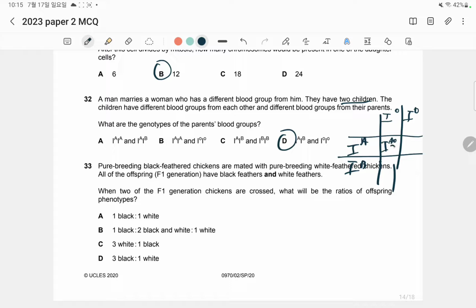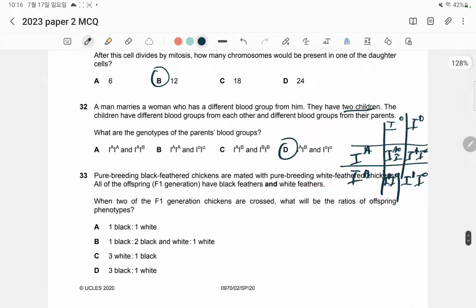IAIO, IAIO, IBIO, IBIO. So the children can be either blood group A or blood group B. Now for this case, the children will be both blood type AB.